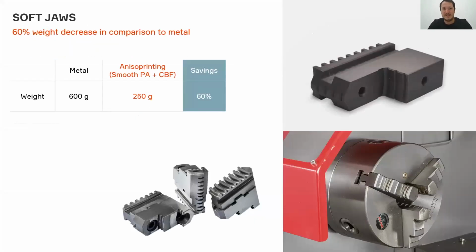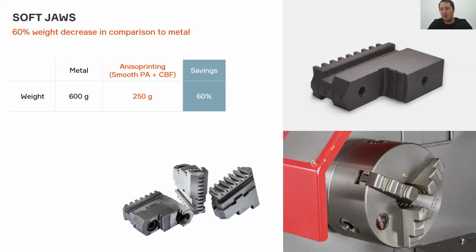Another use case is from tooling. So it's the soft jaws, a special type of jaws for turning, fixing the tube inside the pattern with the soft jaws without damaging, especially if it's a thin tube.